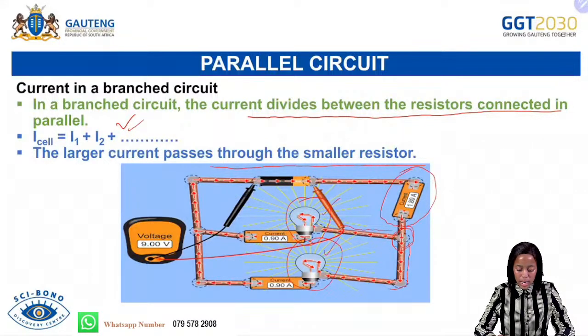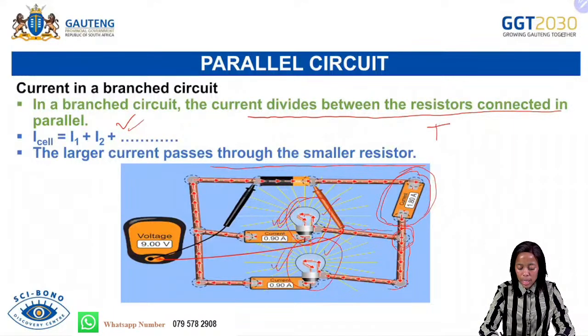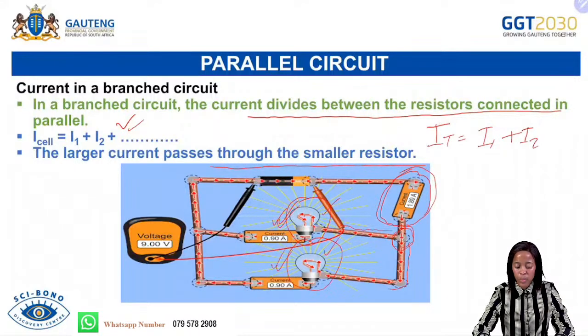So from the total current, we can have 0.9 for this light bulb, and 0.9 for the light bulb at the bottom. If you are to calculate the total current, you are going to use this formula. Again, if you have 3 ammeters, you are going to add a third one, plus I3.